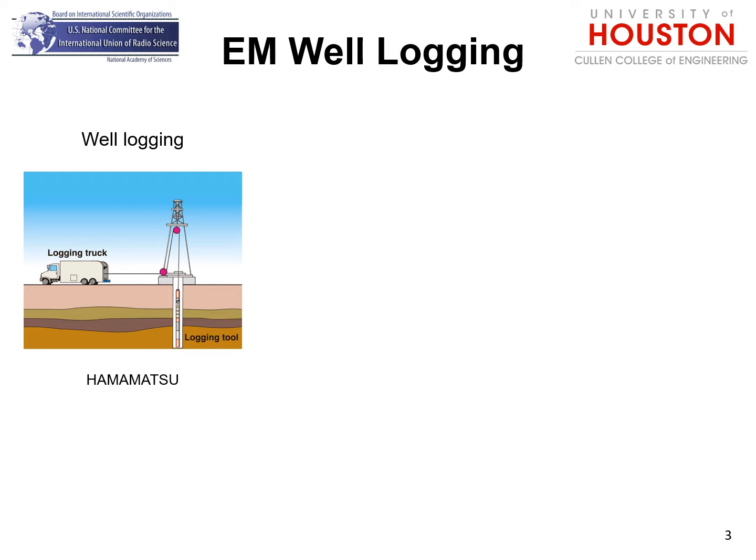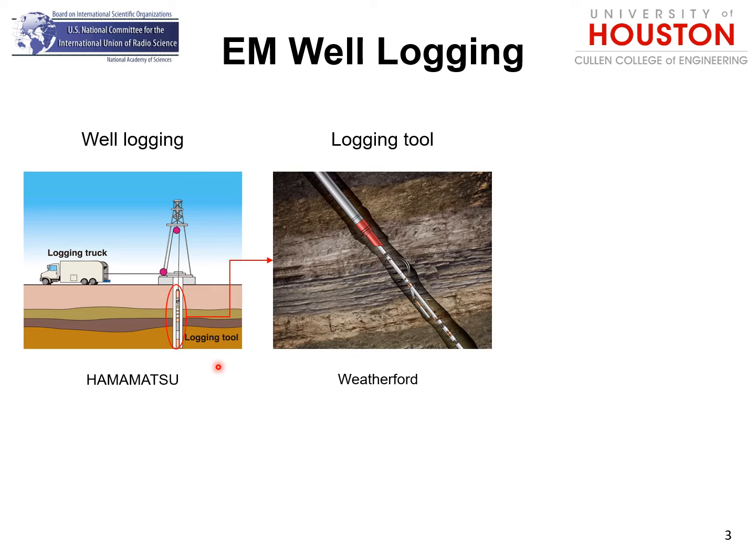Electromagnetic logging is an essential technique for formation evaluation because the EM wave is sensitive to resistivity. As you can see in this figure, the logging tool goes down in the underground formation. The produced EM wave by the tool will interact with the formation.